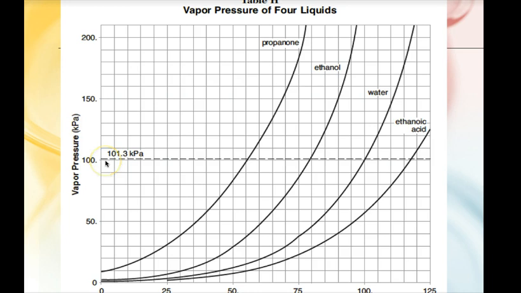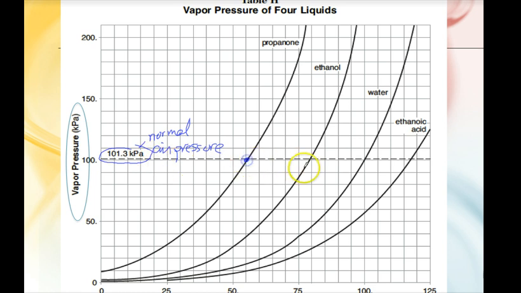That dashed line, and you should write this down, that you see here is telling you this is normal, or standard, air pressure. And you'll see where that comes into play later on.